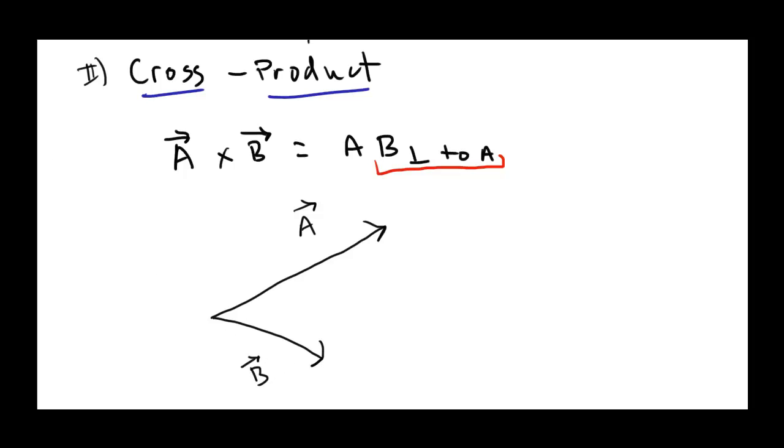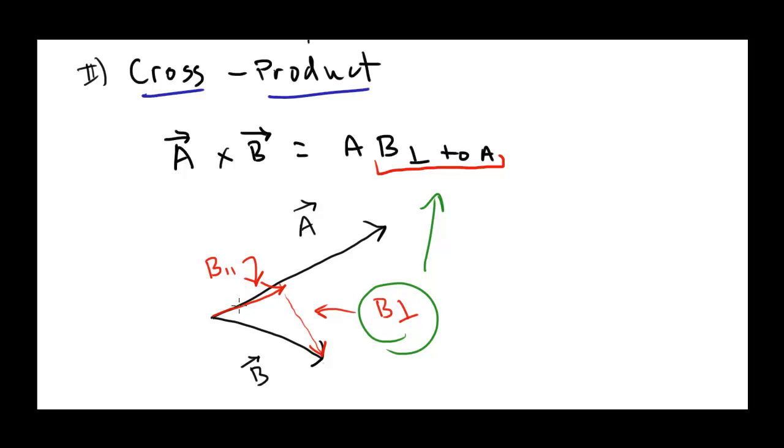Now I'm interested in the component of B that's perpendicular to A. So that's something like, try to draw a perpendicular here. That would be like this, right? This is the component of B that's perpendicular to A, whereas this was the component of B that's parallel to A, right? So now I'm interested in B perpendicular. This is the guy that I want to put in up there.